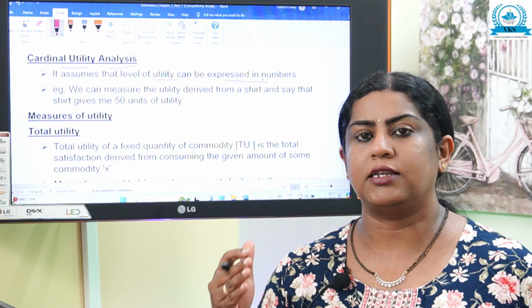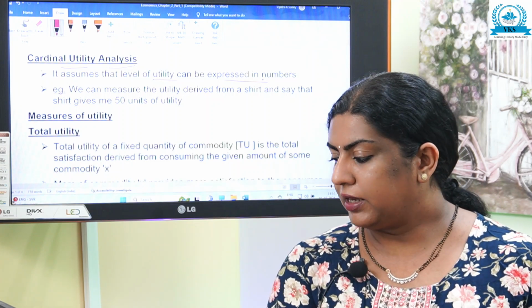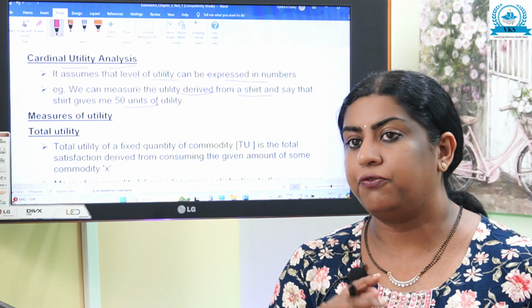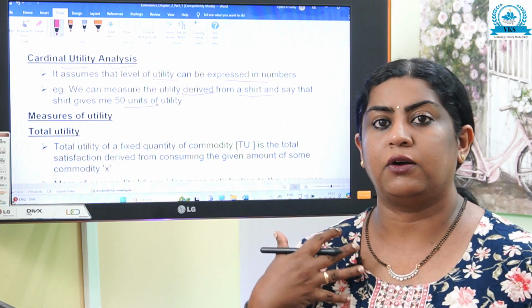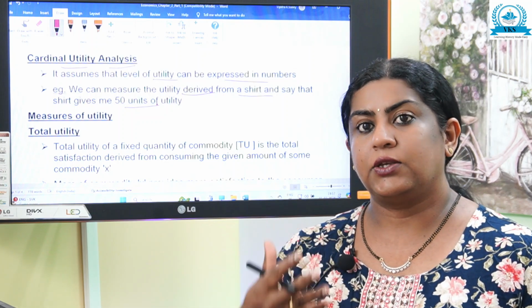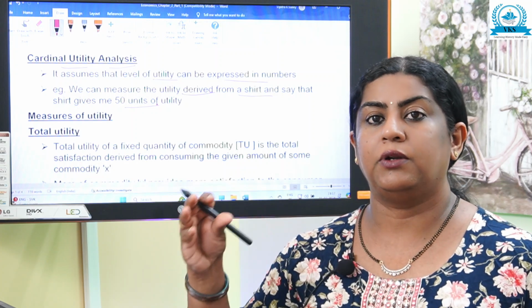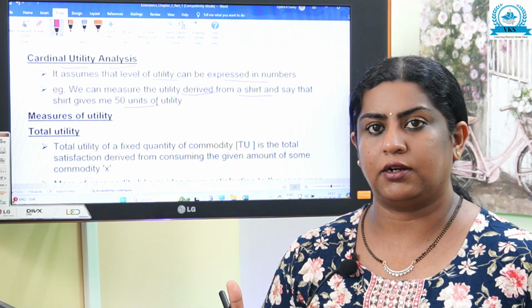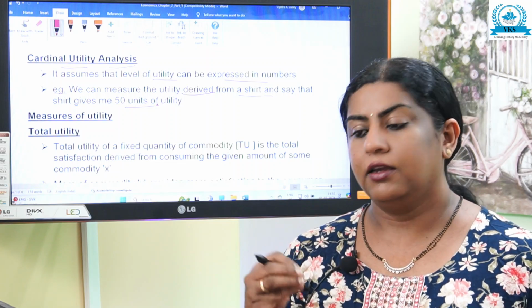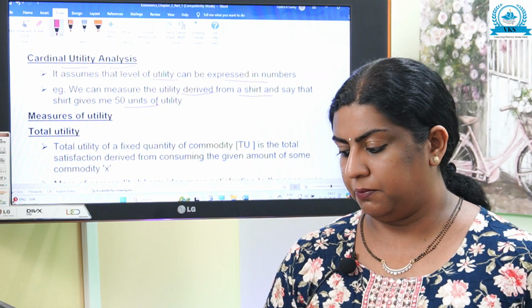For example, I got a new shirt, and we can measure the utility derived from it and say that it gives me 50 units of utility. That is cardinal utility analysis.